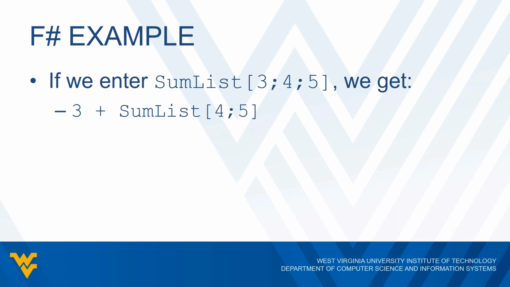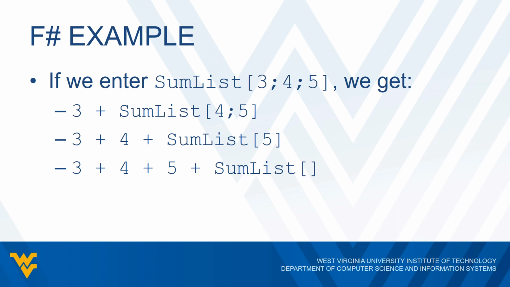When we call this, the list is not empty again, so this would end up being 3 plus 4 plus sumList of 5. We'll call this again: 3 plus 4 plus 5 plus sumList of an empty list. Since the list is empty, when we call sumList here, we return 0. So we would get 3 plus 4 plus 5 plus 0, and this gives us the final result of 12.